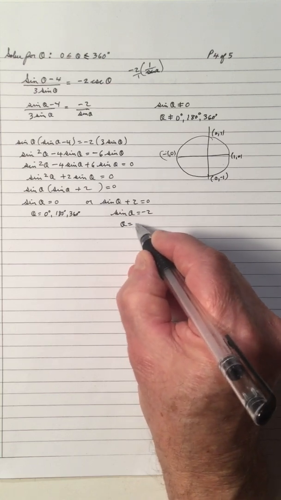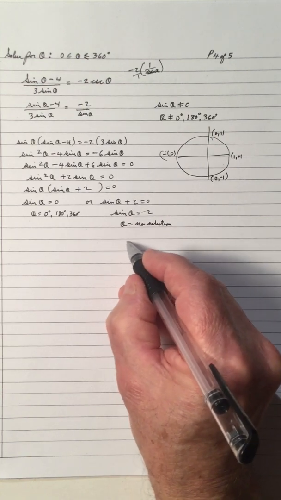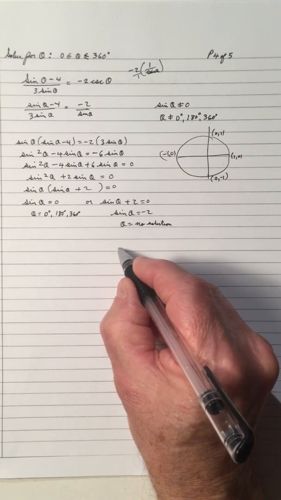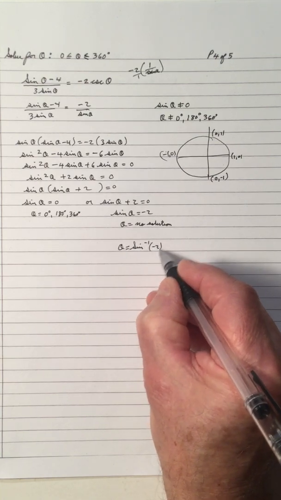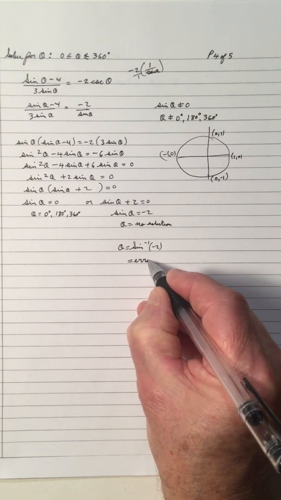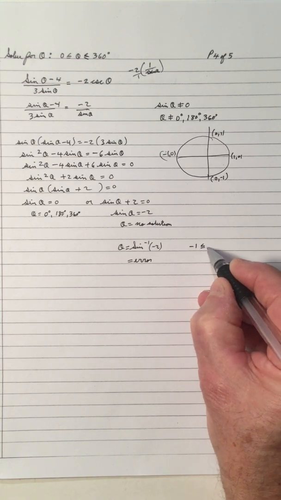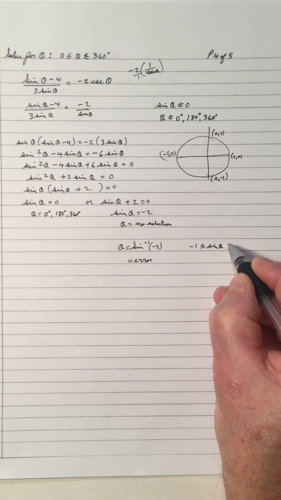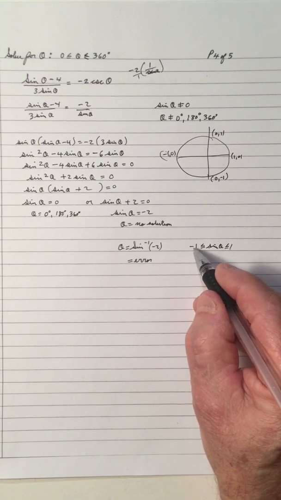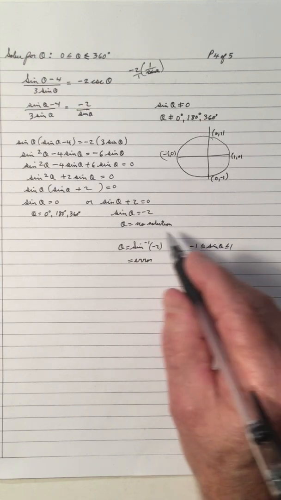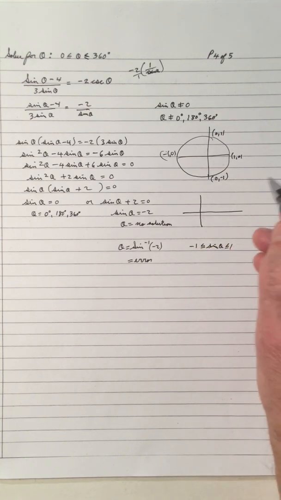So theta has no solution, because if you do theta equals sine to the -1 of -2 on the calculator, you get an error. Another reason is that -1 is less than or equal to sine theta, which is less than or equal to 1. The maximum value for sine is 1, the minimum value is -1, so they're always in between, so you can't have a -2.